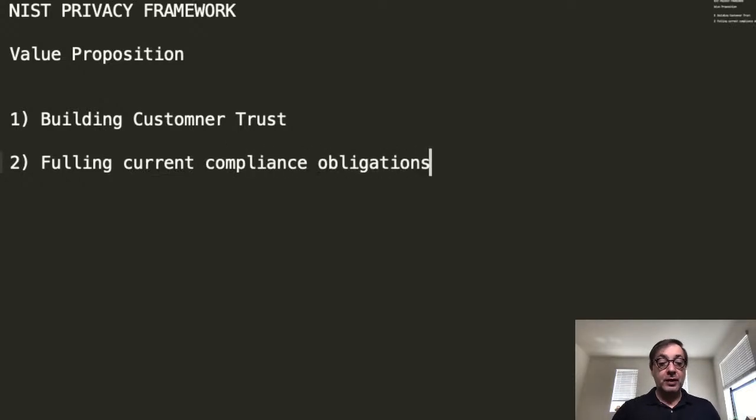All right. So second, the framework can help organizations in fulfilling their current compliance obligations, as well as future-proofing products and services to meet these obligations in a changing technological and policy environment. So the NIST privacy framework is designed to be, again, agnostic to any particular law or regulation, but instead to provide the building blocks, the key outcomes and activities that organizations can use and then map back to their compliance obligations.